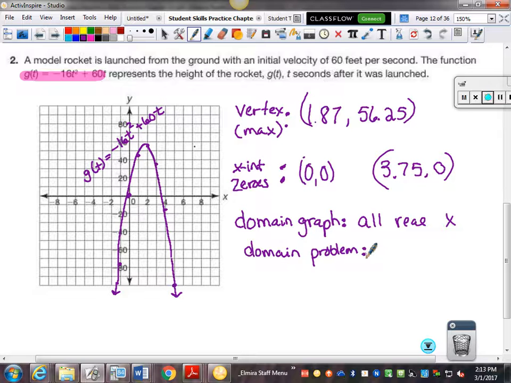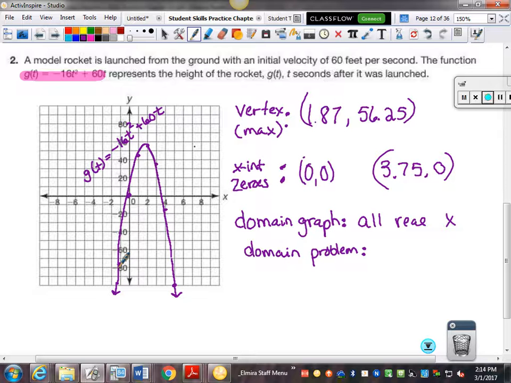Okay, this problem is about a rocket being launched. On the domain, remember, is the x-axis. So on the negative side of the x-axis, nothing's happening to the rocket. If we go by the graph of the function that goes with this picture, it looks like the rocket's underground.